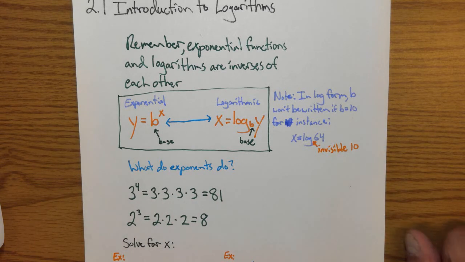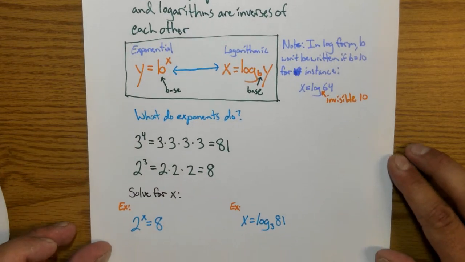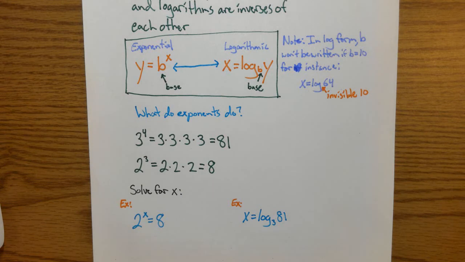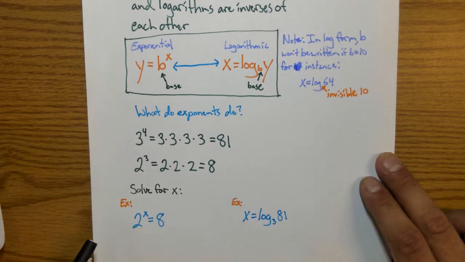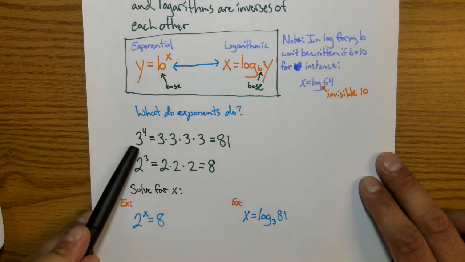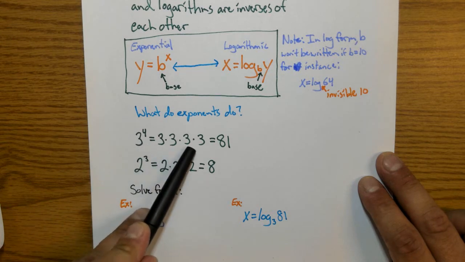Okay. So let's review exponents, because this has a lot to do with exponents. So what do exponents do? Well, they tell us to multiply our base by itself that many times. In this case, our base is 3. So 3 to the 4th power is really equal to 3 times itself 4 times.